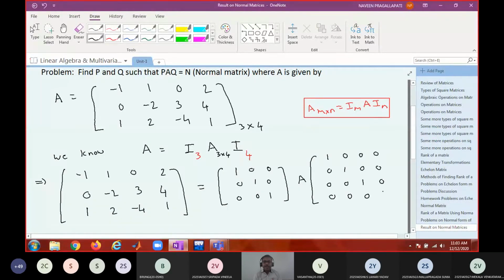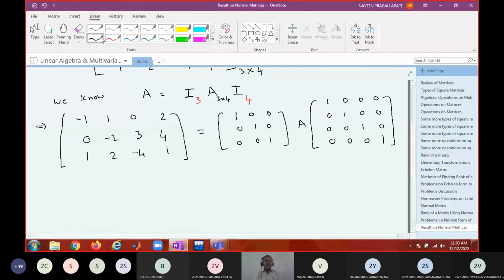Now what you have to do is, using row and column transformations, convert this into normal form. We know how to convert a given matrix into normal form, we just did it. But what you have to do parallelly is, whatever row operations you apply here, simultaneously apply the same row operations to the prefactor.